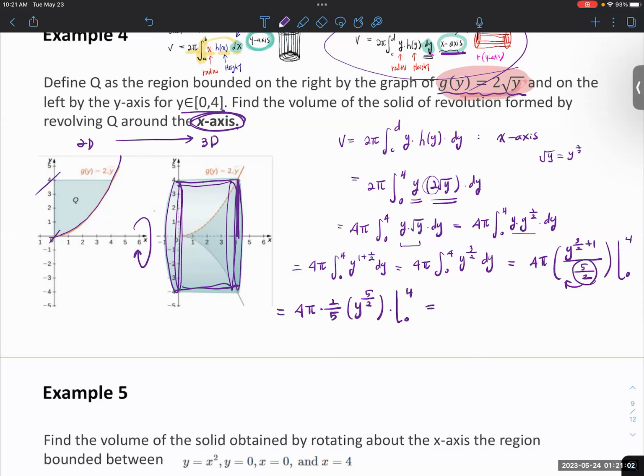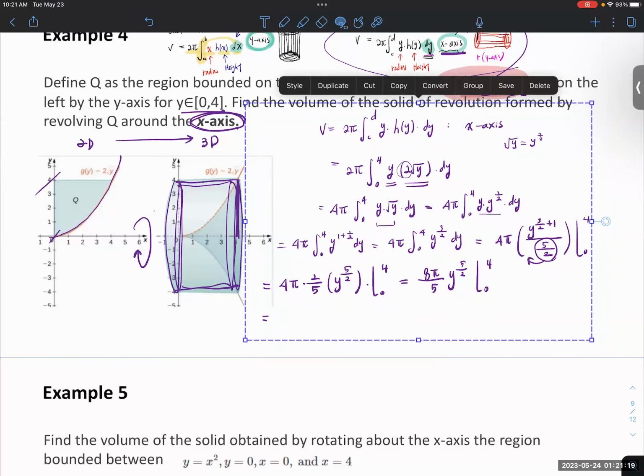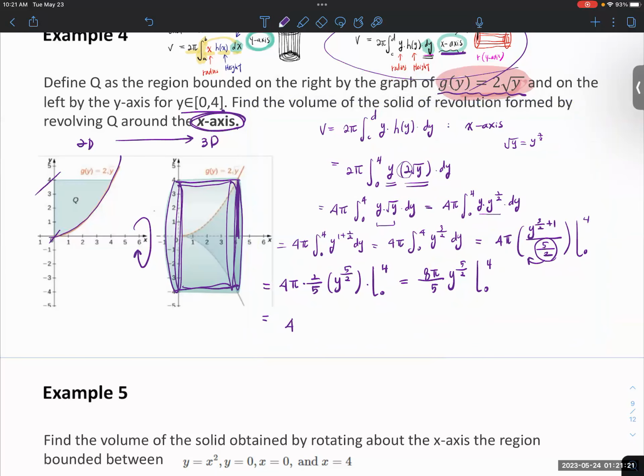So basically 8 pi over 5, y to the 5 over 2, 0 to 4, and you're going to plug in. So 4 minus 0. Okay, 8 pi over 5, 4 to the 5 over 2 minus, everything is a 0 because 0 to whatever is 0.